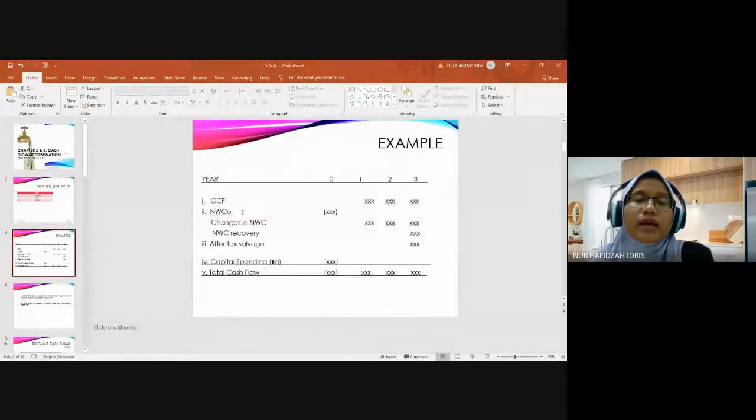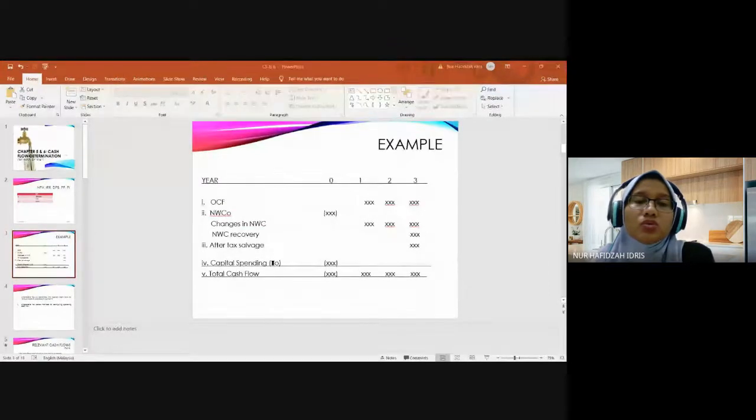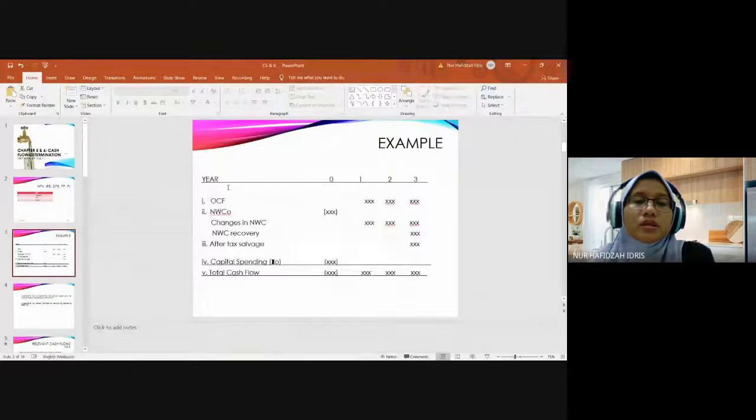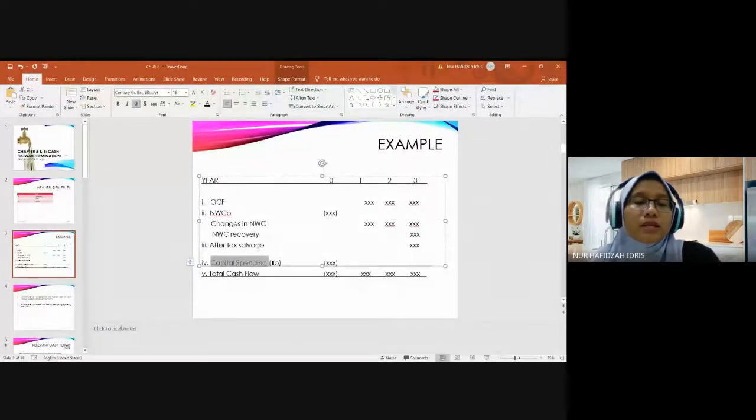There are 4 elements that you need to know. Number 1 is the operating cash flow. Number 2 is net working capital. Number 3 is after tax salvage. The last one is the cost of the project, or capital spending.